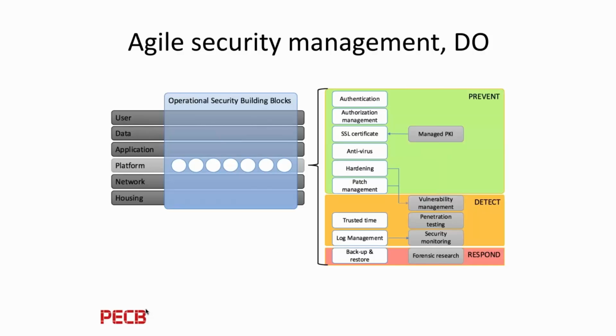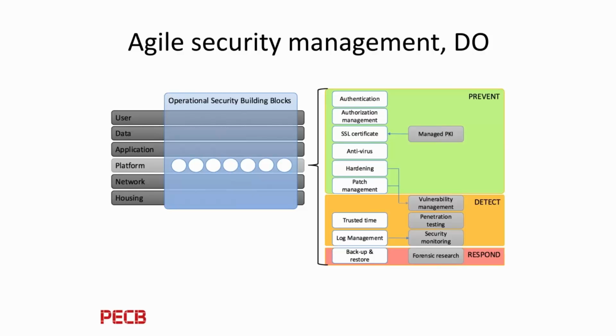So this is a visualization of these security building blocks that you could provide. On the left hand side you see an IT architecture stack. This is ordered along the OSI layers. We are looking now at the platform layer, and every circle in the platform layer represents a security building block that's already available, ready to be consumed by the Agile team.